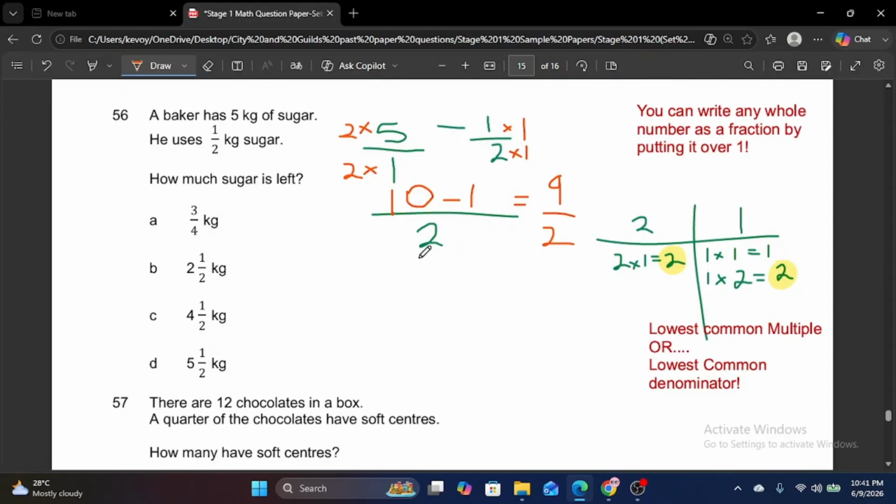And then you are just going to convert this right here into a mixed fraction.